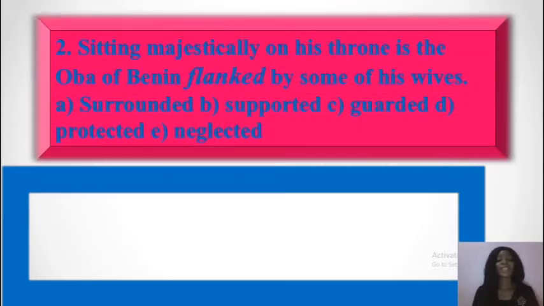The second one says, sitting majestically on his throne is the Oba of Benin, flanked by some of his wives. Now, the italicized expression, which is the expression you are expected to give the synonym for, is flanked.